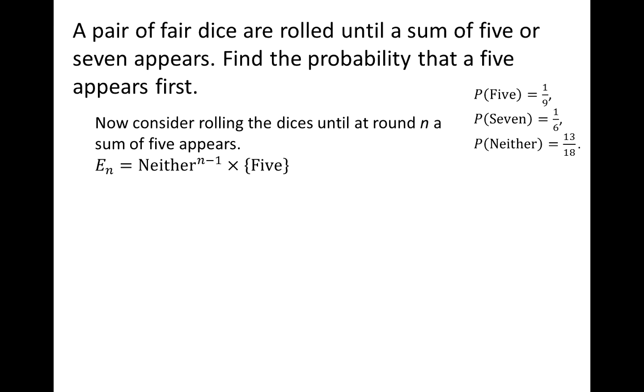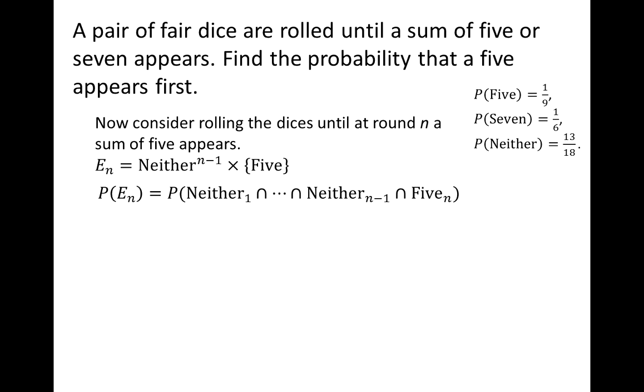Now consider rolling the dice until at round n a sum of 5 appears. We represent such an event by En, which means we get neither 5 nor 7 in the first n-1 rounds and get 5 in the nth round.